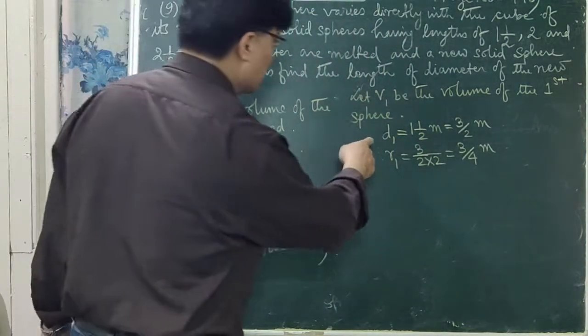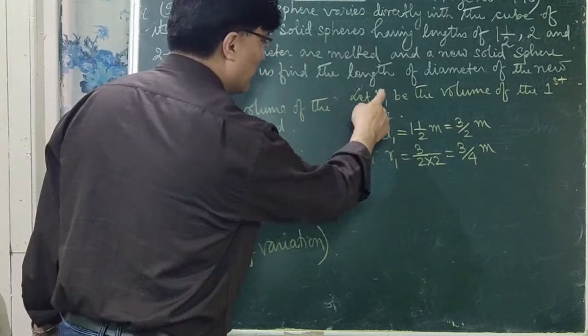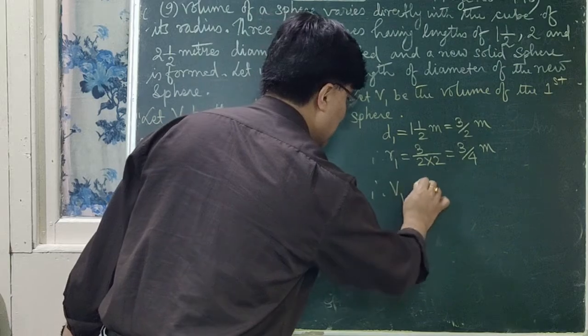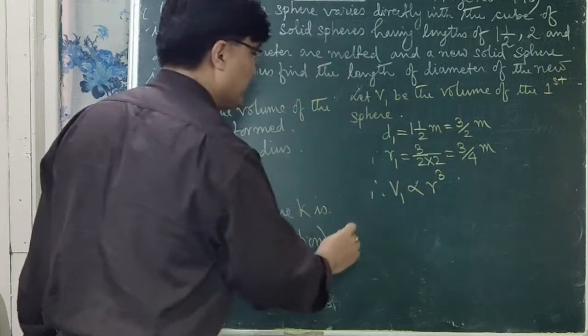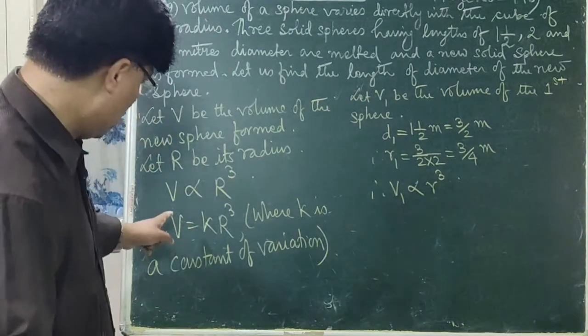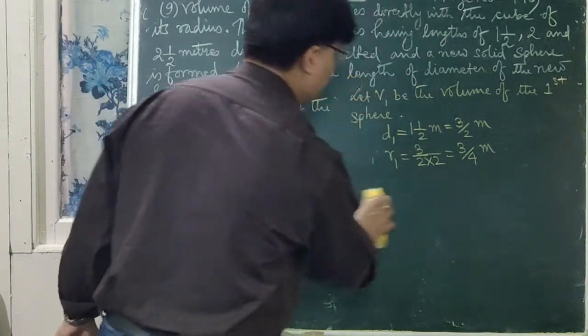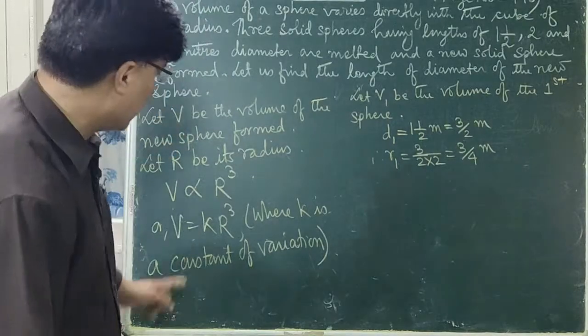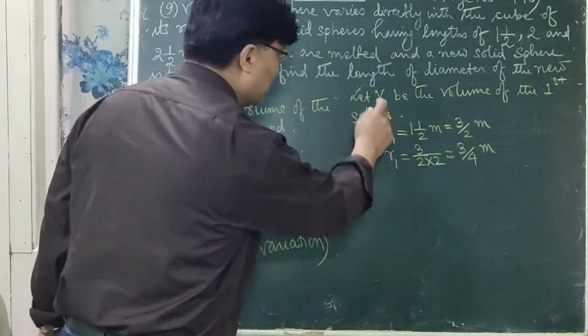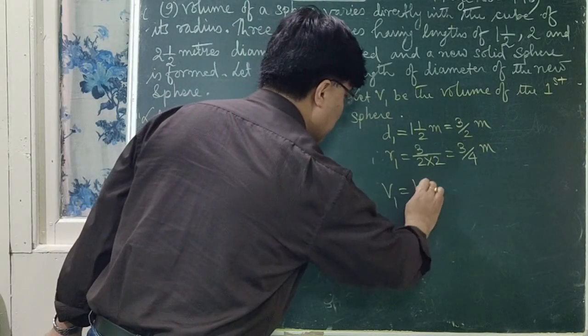So what is the relation between this volume and radius of the sphere? That is V1 is proportional to R cube, isn't it? So we can use this relation also. That is V is equal to K R cube. So instead of V, we can write V1. K is constant.